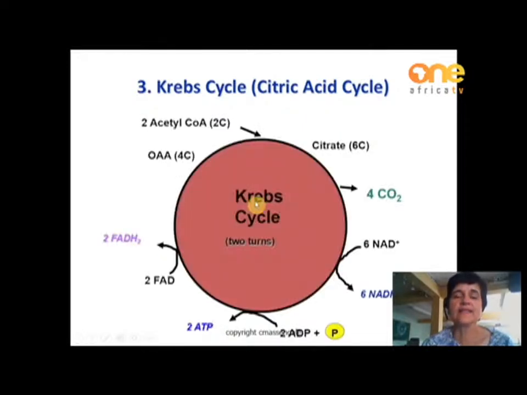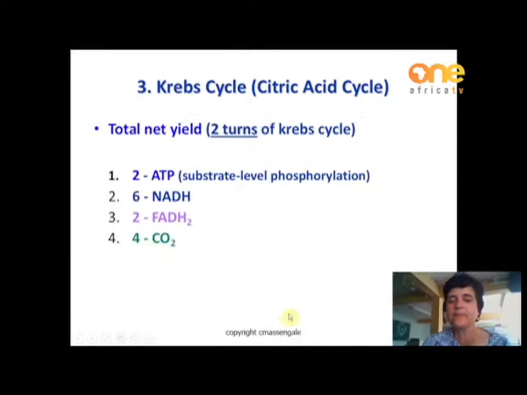Of course, this happens in 2 turns. Why? Because the glycolysis ends up in 2 pyruvates. Now I have 4 carbon dioxides that were released during the 2 turns, the NADH and the FADH2 bring the hydrogens, and ATP molecules form.